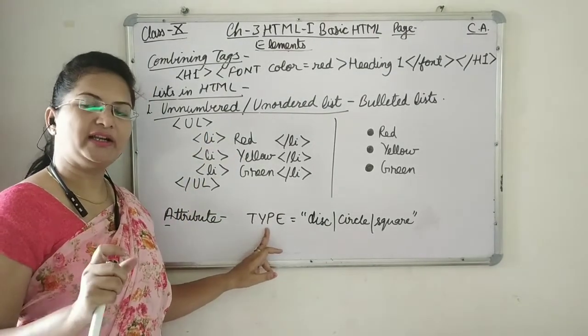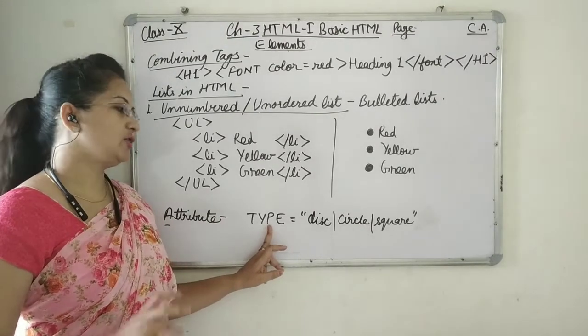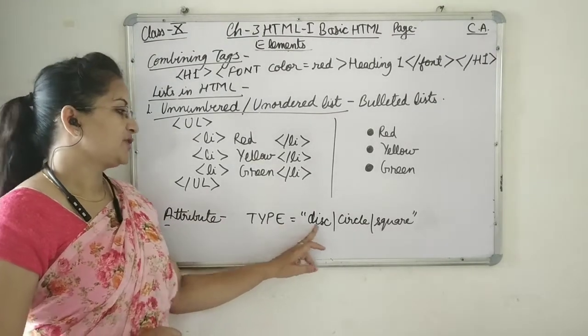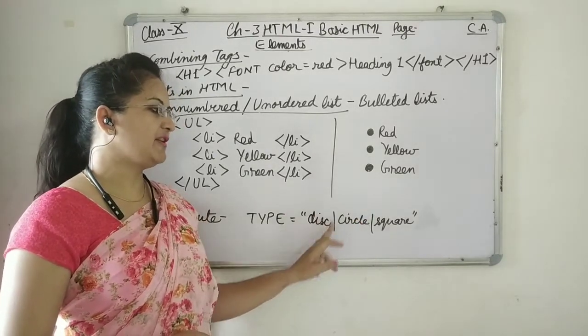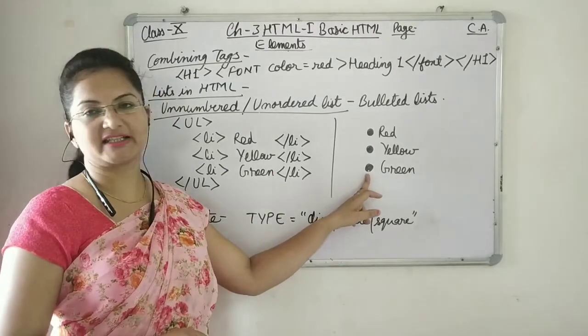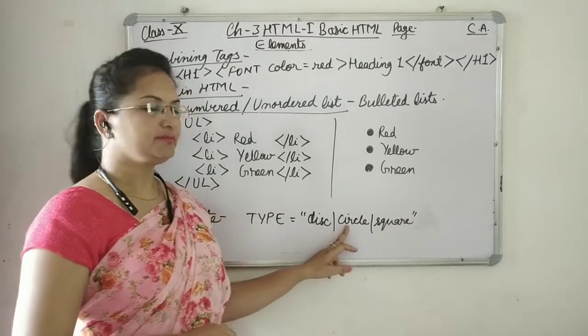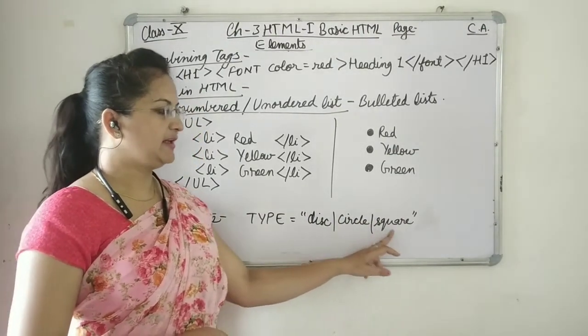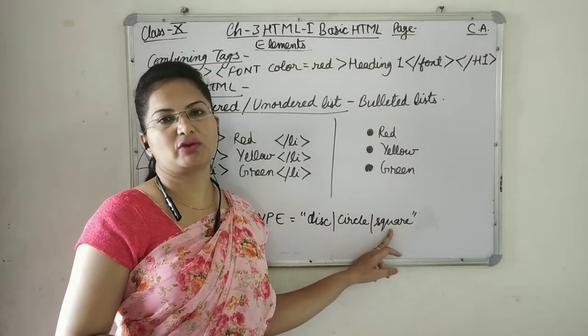The UL tag has only one attribute, and that is the type attribute to change the bullet style. So we can either write disc to see output like this, and if we are not writing disc, even then by default we will have this type of bullets, meaning disc. If we want circle, then we will use type circle. If we want square bullets, then we will write type equals square.